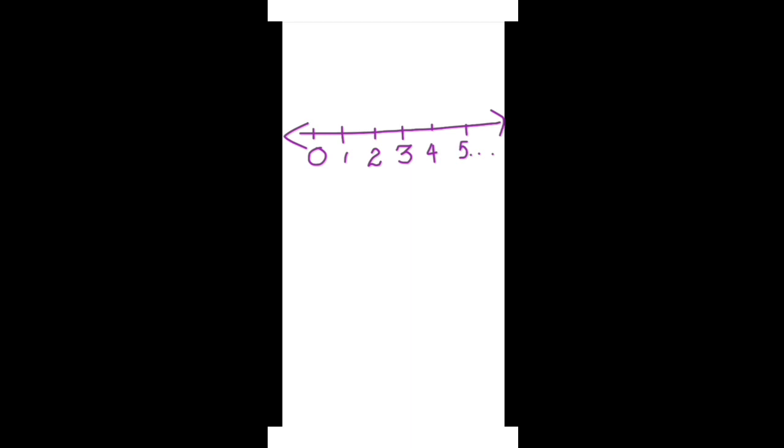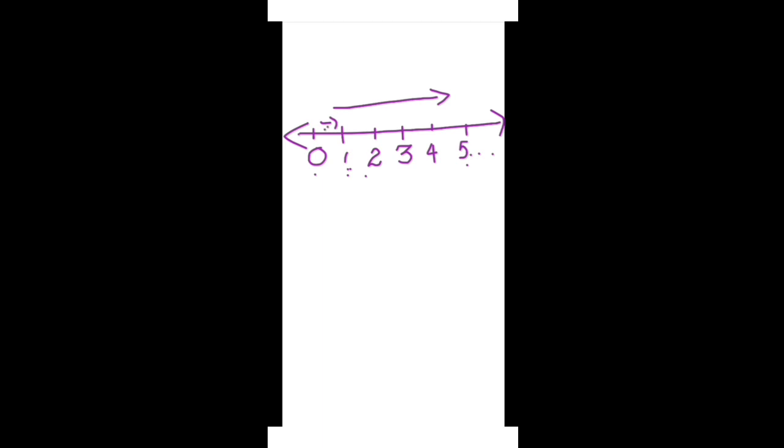Now, let us understand that on the number line, as you move in the right direction, your numbers are increasing. If you note it, 0, then next to 0, 1. 1 is greater than 0 and 1 is on the right side of 0.